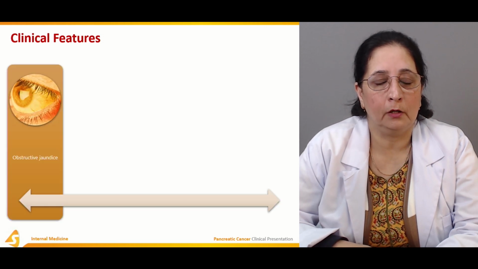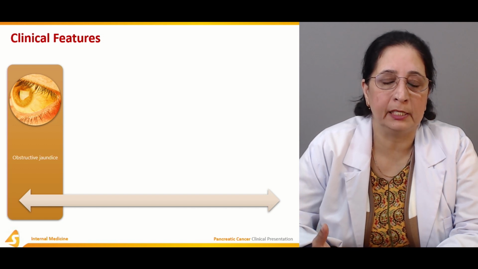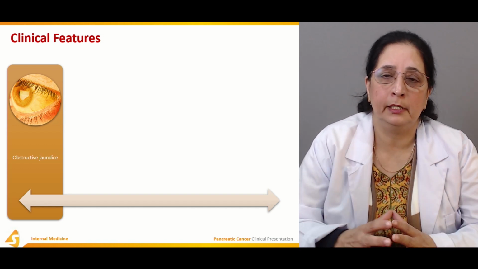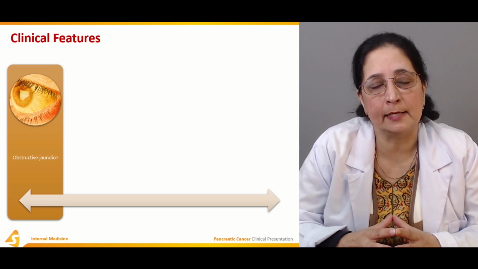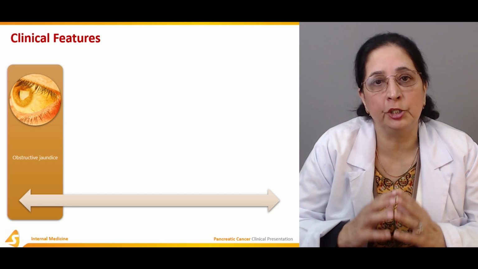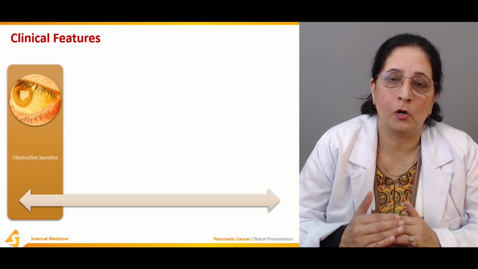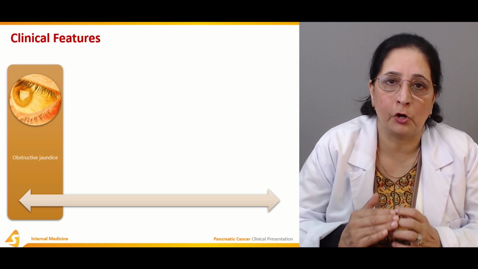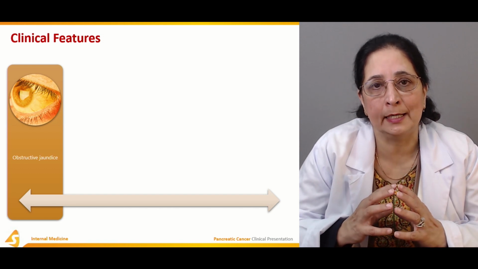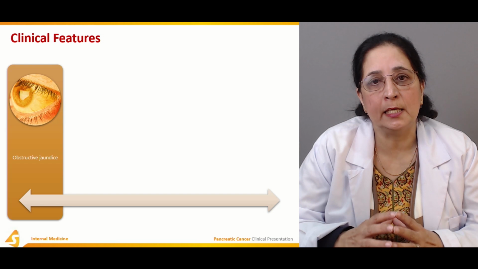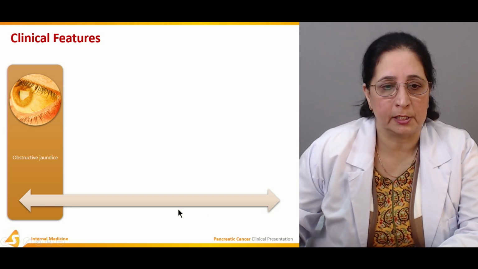Clinical features of pancreatic cancer: very common is obstructive jaundice, because as a result of the tumor there is obstruction to the flow of the bile, and this obstruction causes obstructive jaundice, which is the yellow discoloration of the skin caused by increased level of bilirubin.